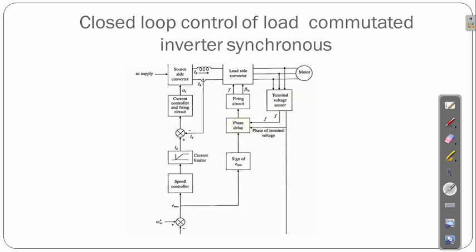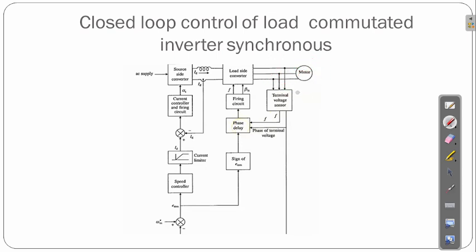The AC supply is given to the source side converter, which is connected with an inductor. In that inductor the current Id passes, then it connects to the load side converter. The output of this circuit is the motor.